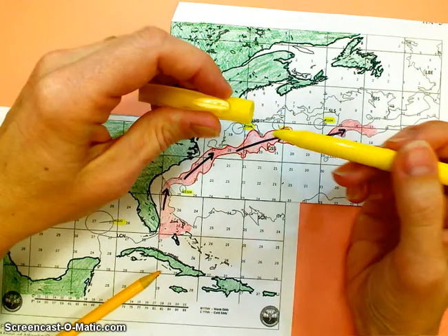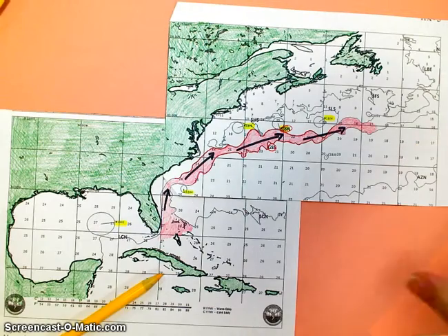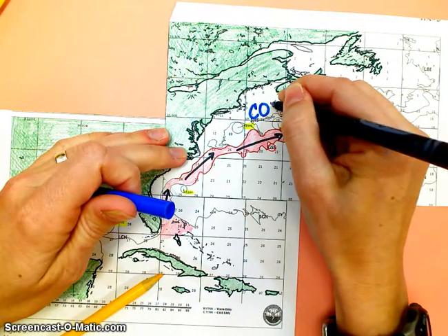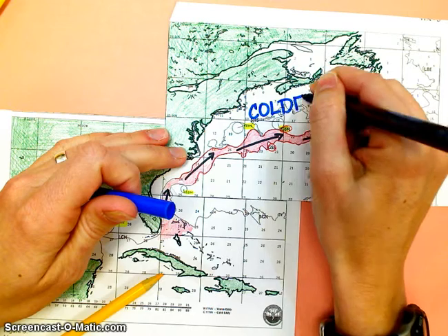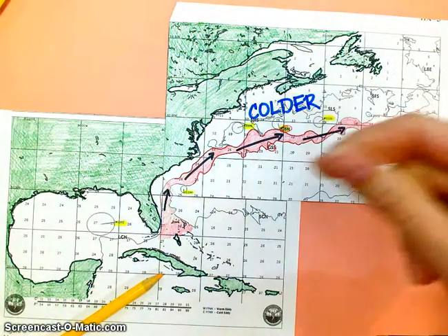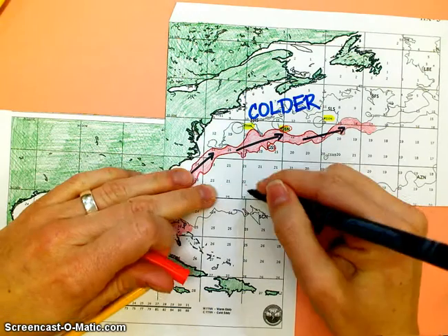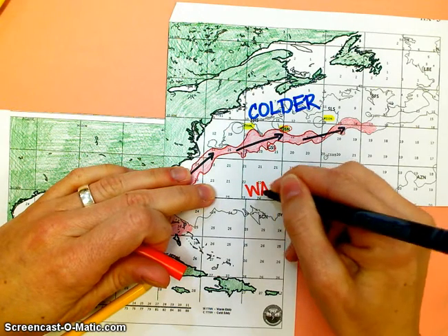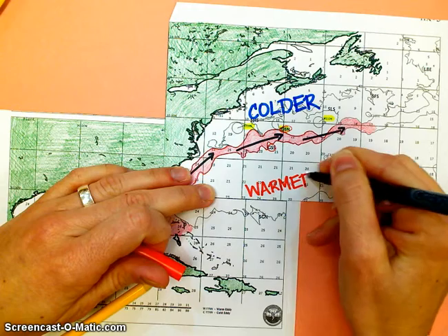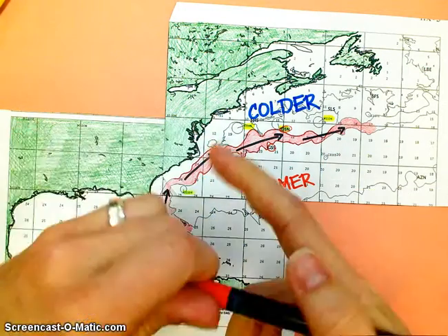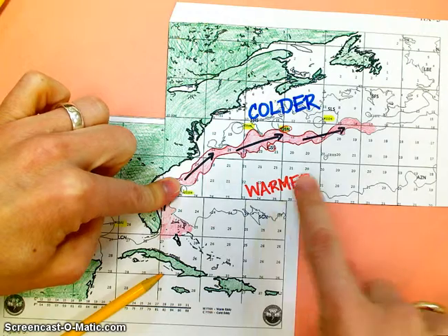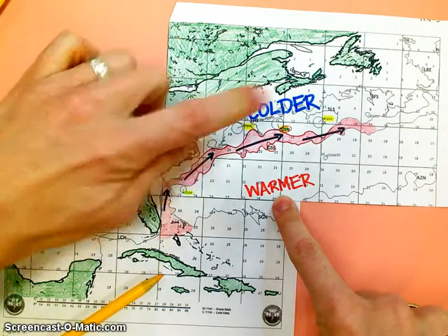So obviously this has to be the colder side of the Gulf Stream because the temperatures over here are colder. And down here, this needs to be the warmer side. The Gulf Stream is warmer than both of them, but you have warmer water on this side of the Gulf Stream than you have on this side.